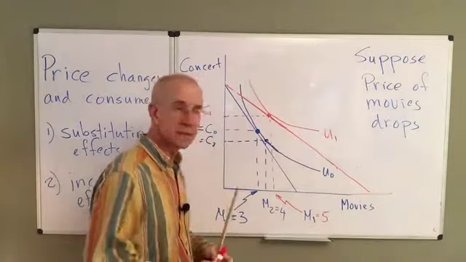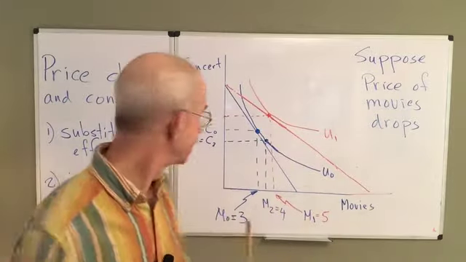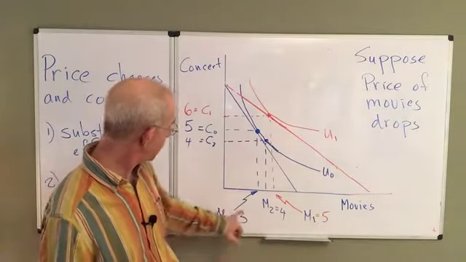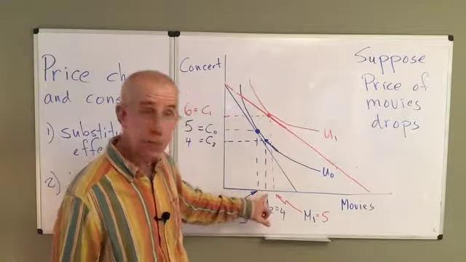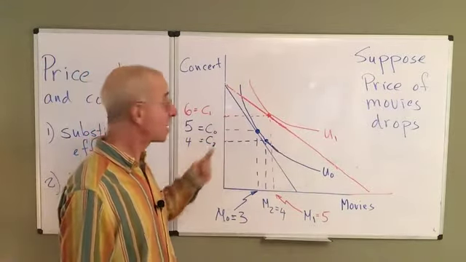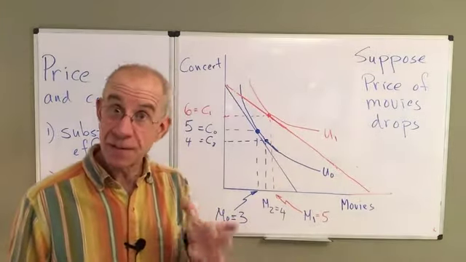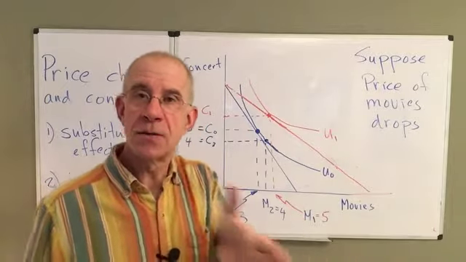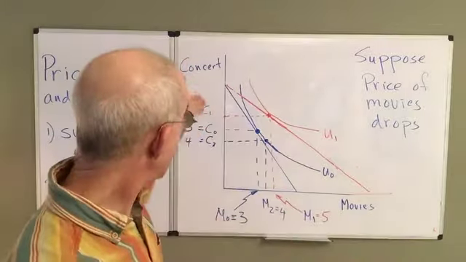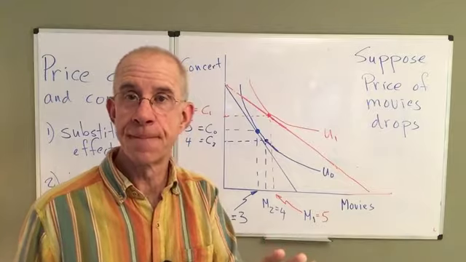What we see is that in terms of the changing prices alone, we would increase the consumption of movies from 3 to 4, but we would decrease concerts that you go to by 1 unit. The substitution effect, the change in the price, is going to substitute consumers away from concerts into movies. So that's the substitution effect.